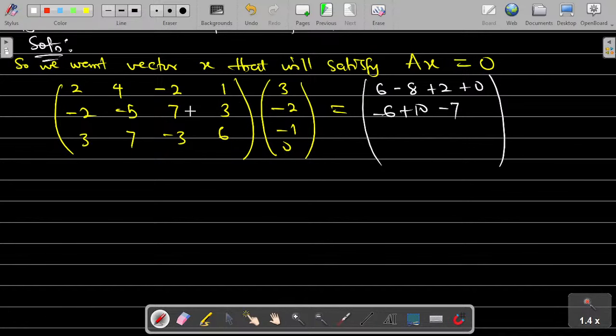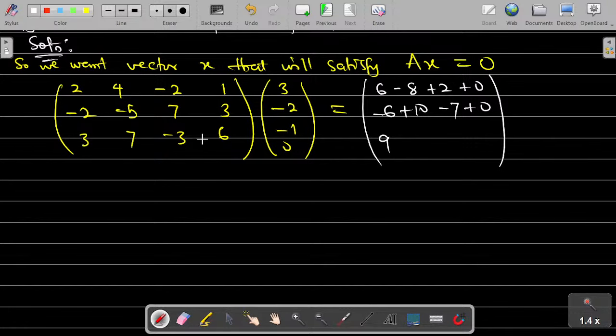And 3 times 0 is 0. Meanwhile, let's be sure this times this is minus 6, this times this is 10. Okay, it's correct. And finally 3 times 3 is 9.